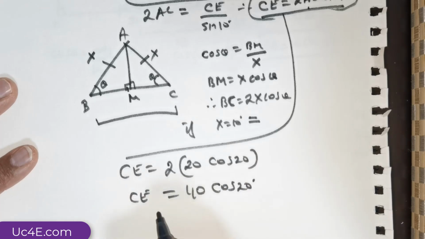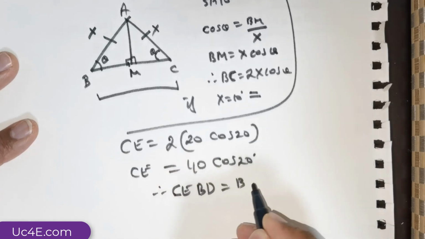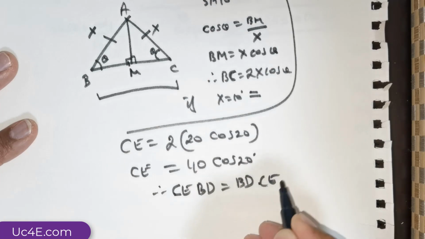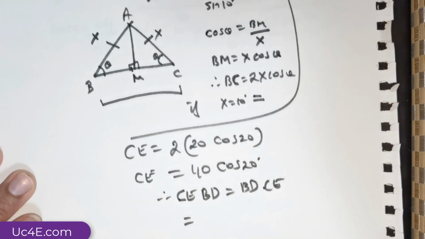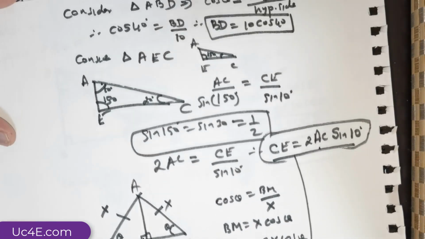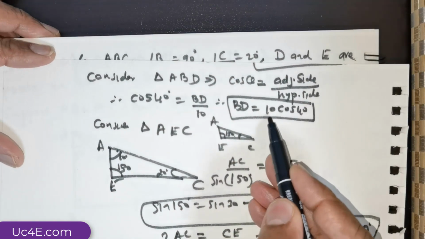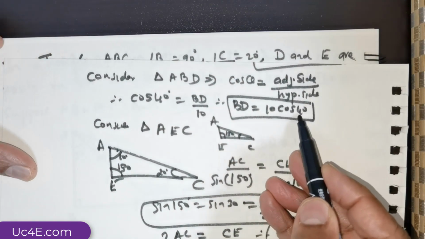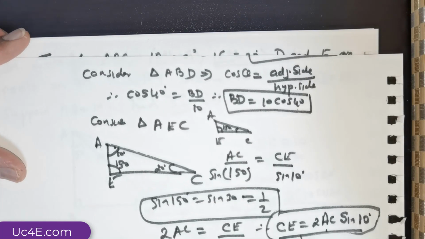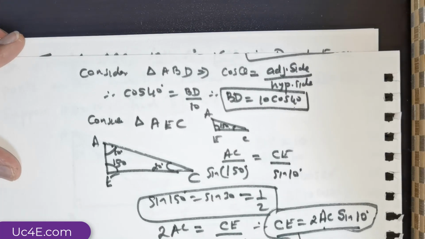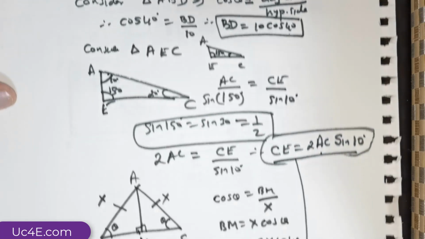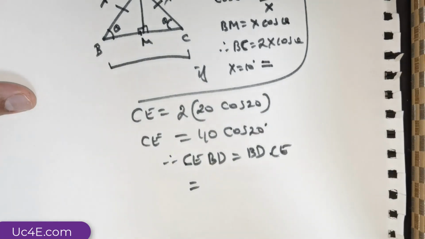But we are expected to find CE times BD, right? Or BD times CE. What is BD? BD is nothing but 10 times cos of 40. Right, that's my BD. So I need to substitute that value of BD.